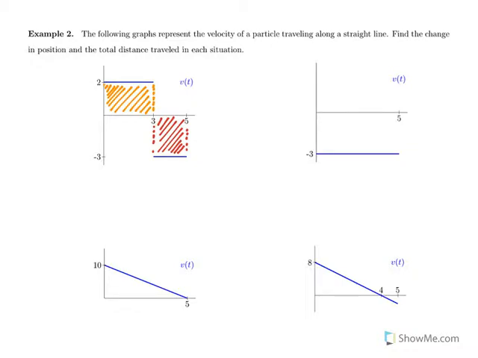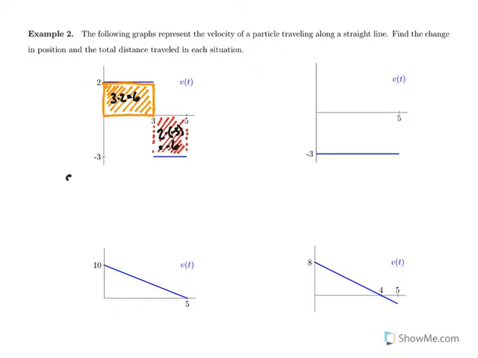And we're really looking for the area here, and we have nice shapes we can deal with. So this area is the area of this rectangle, and that's going to be 3 times 2, that is 6 units. Whereas this other rectangle is going to be the distance of 2 times -3, or 2 times 3, which is going to be -6.